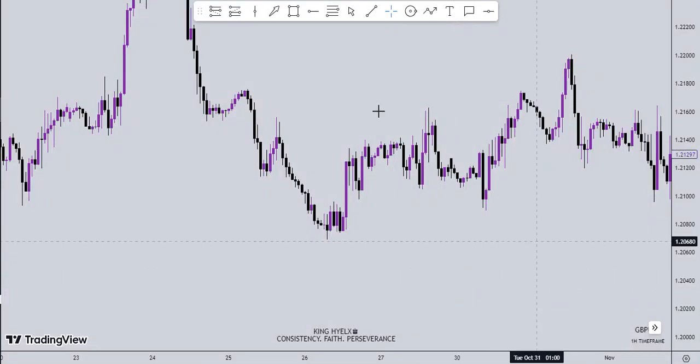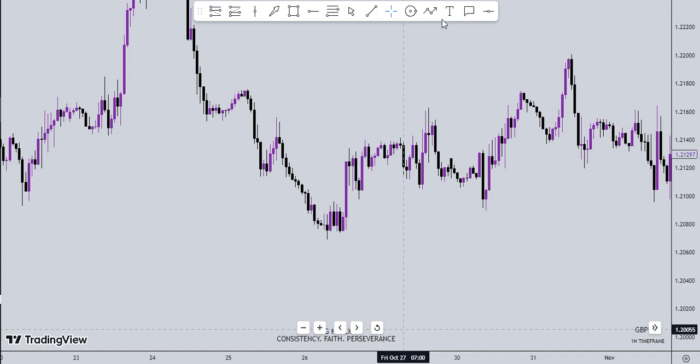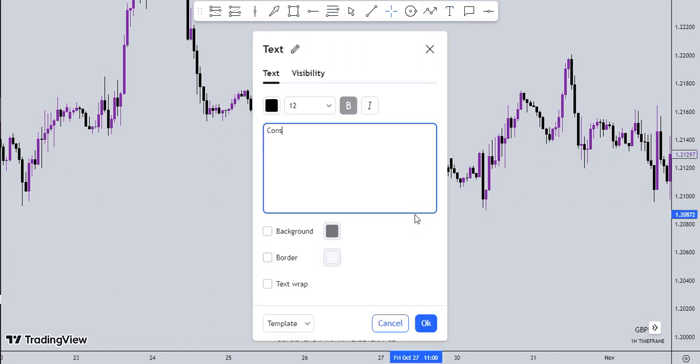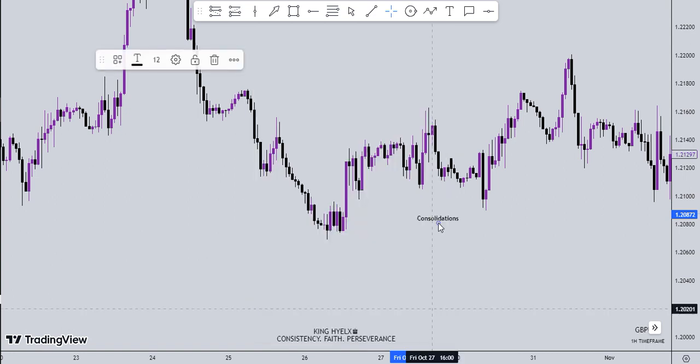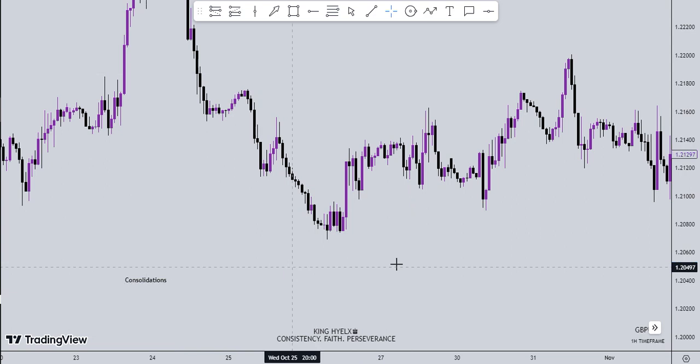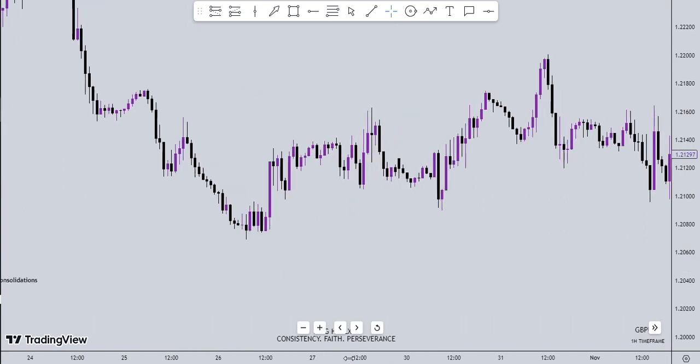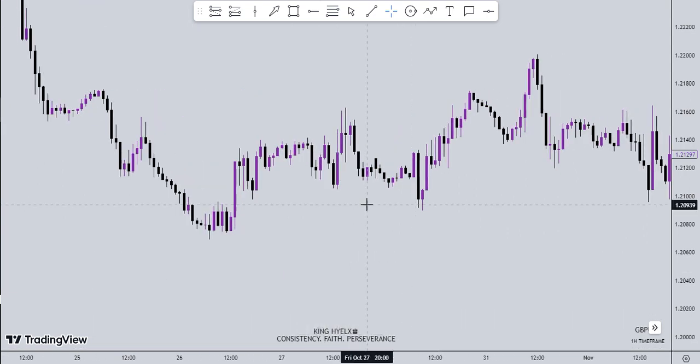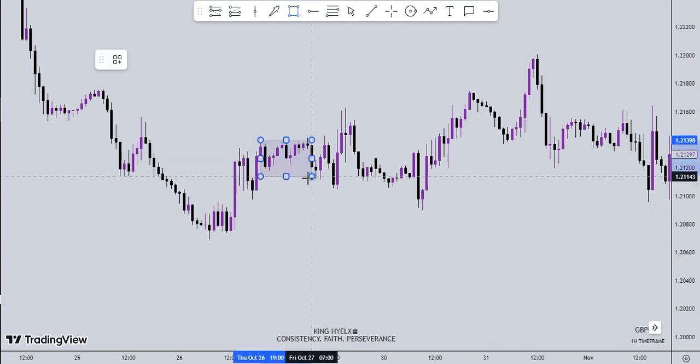Alright, so we're on the charts right now, and what I'm going to start doing is outlining consolidations, so hopefully your eye will be able to see them. We say when price moves into a trading range and shows no willingness to move higher or lower, over here, this is consolidation.